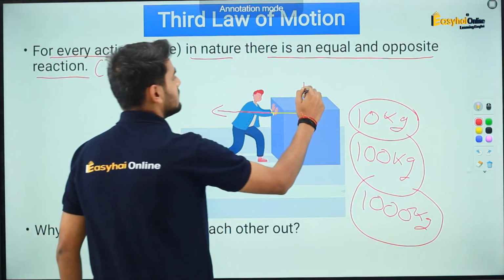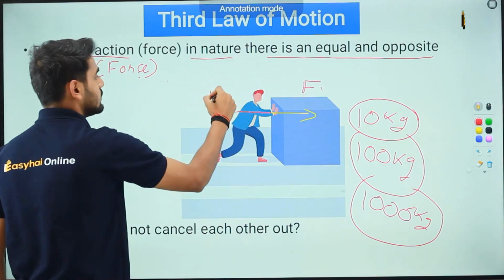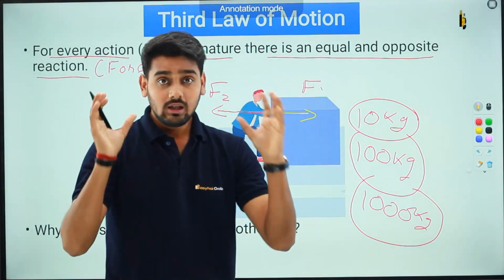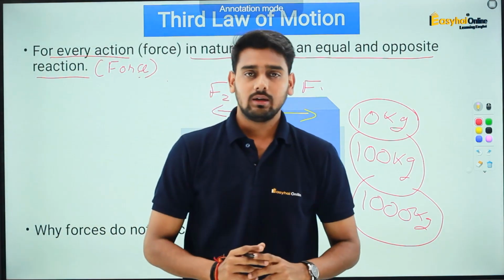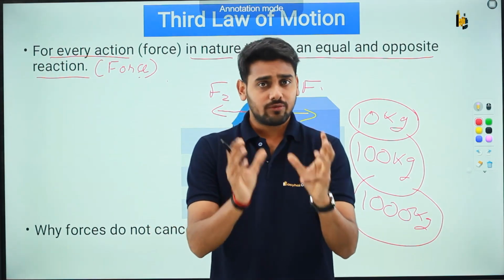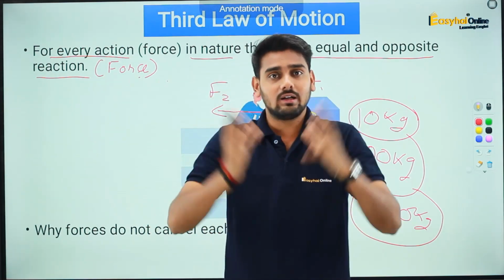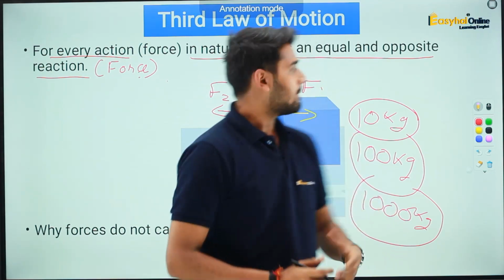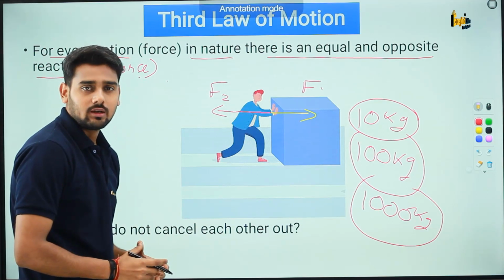So if this force is F1 and the backward force is F2, F1 and F2 are going to be equal in magnitude, but exactly opposite to each other in direction. This is the representation of that.